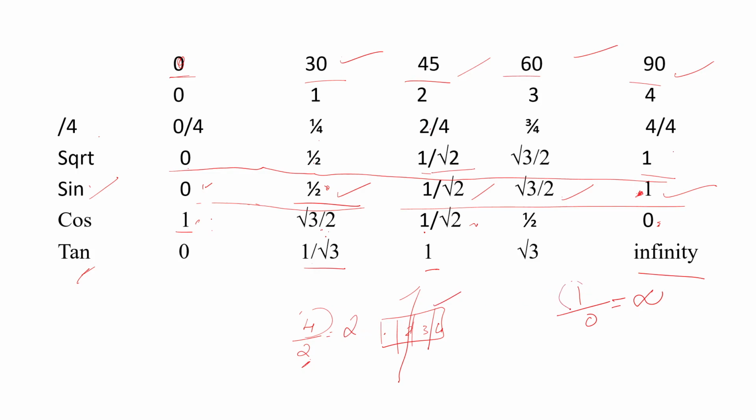Now I am supposed to divide 1 into 0 parts. Already 1 is available, so how can I divide it into 0 parts? It is not possible, so the result is infinity. How many times do you add 0? 0, 0, 0, 0, however many times you add, you won't get 1. So the value is infinity. So tan 90 is infinity.